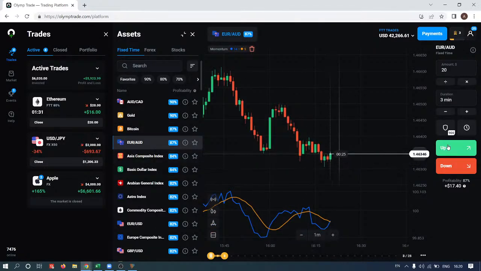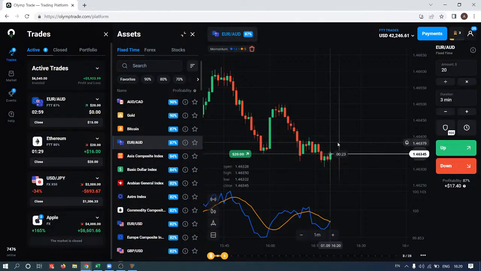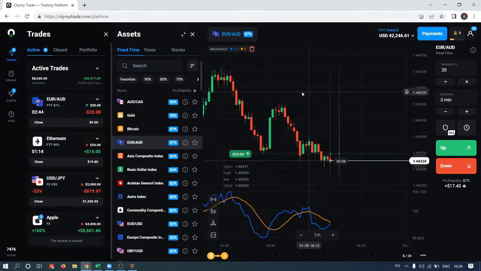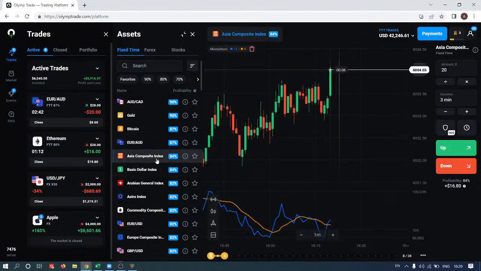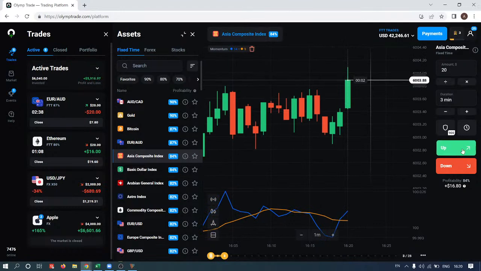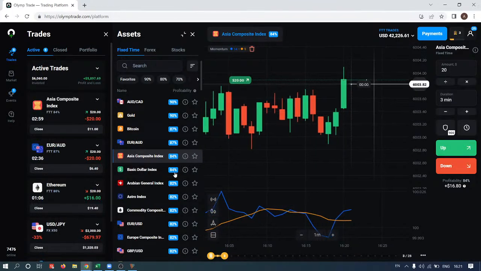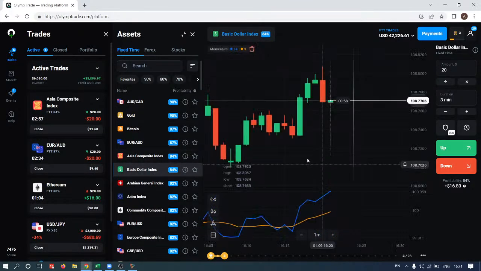All right, that's a fresh signal on the euro against the Australian dollar. Nice. For some people 2 minutes is the best time, some people like 5 minutes, 3 minutes. It's all personal. There are no two identical traders. Everyone has their own strategy, their own way of thinking, their own way of analyzing charts.